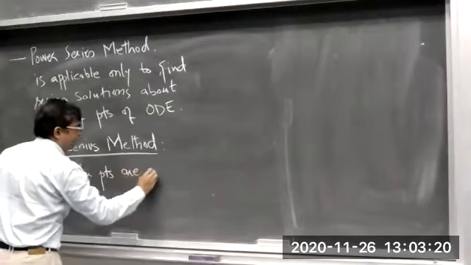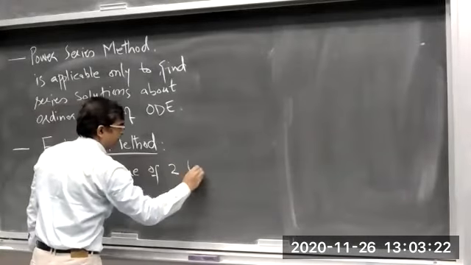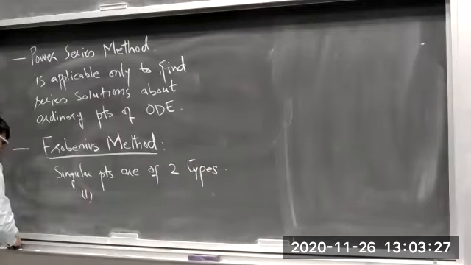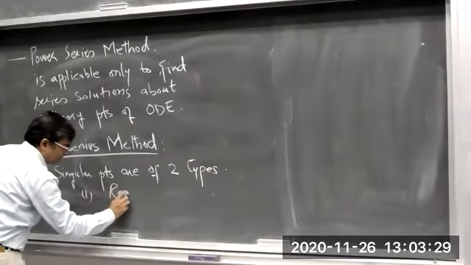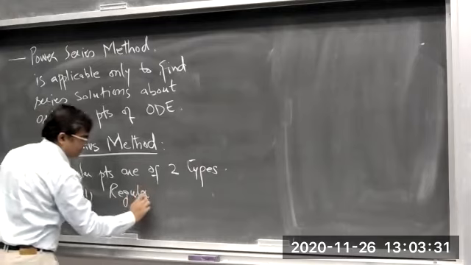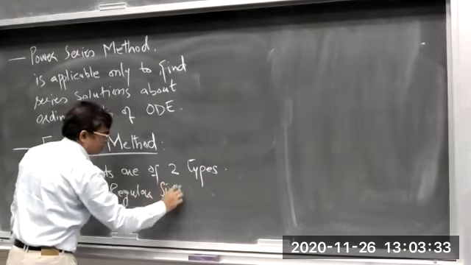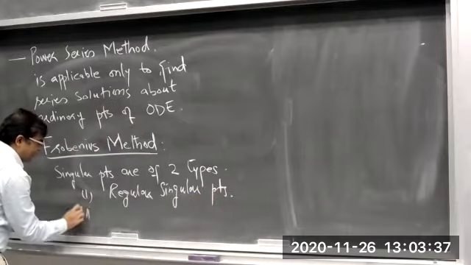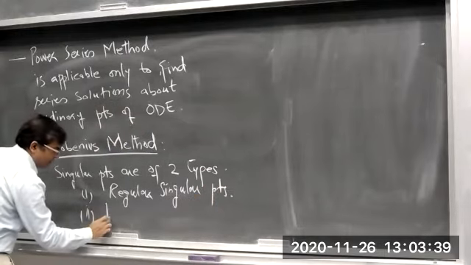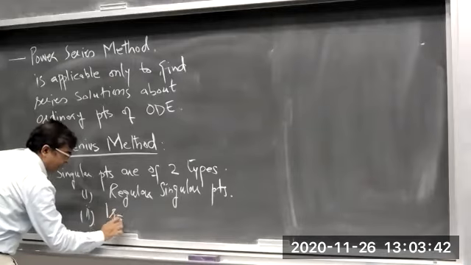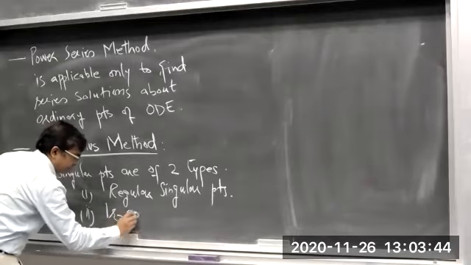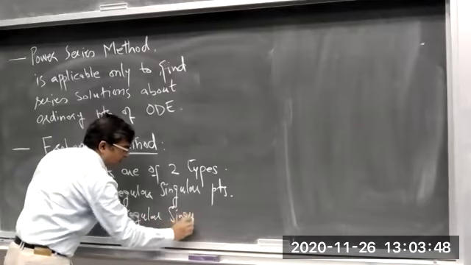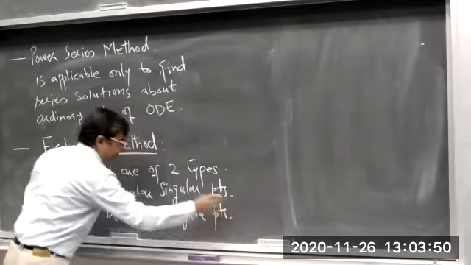Number one is regular singular points, and the second is irregular singular points.